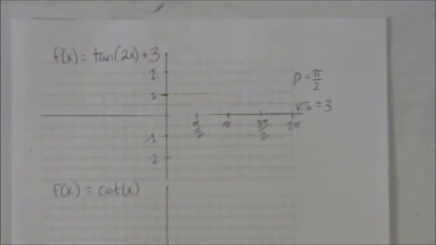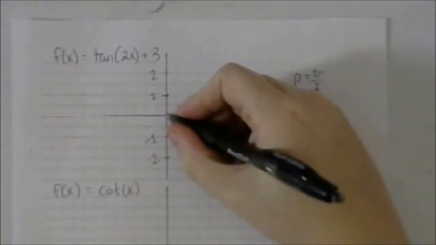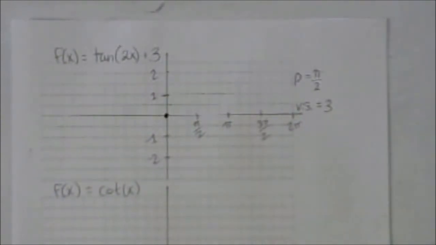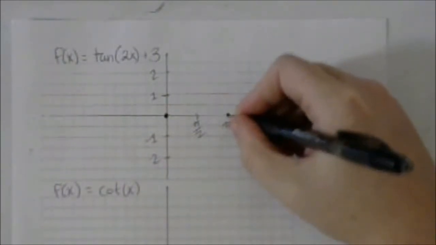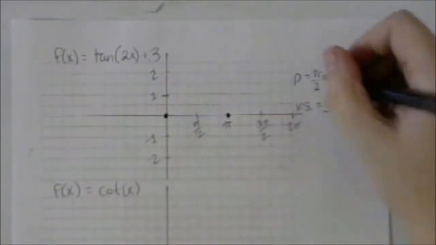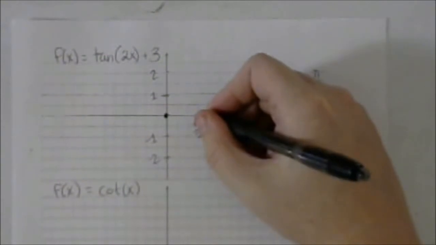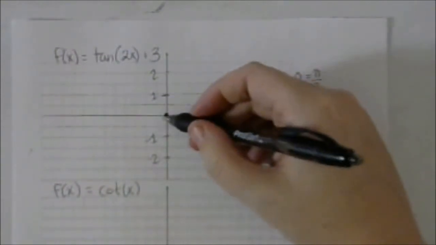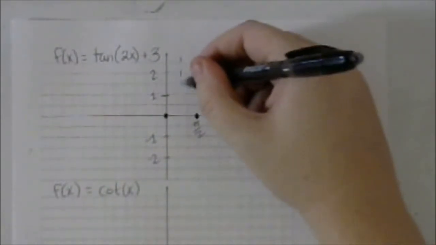The standard tangent graph starts at 0 and ends at its period, which is pi. But this tangent has a period of pi/2. So instead of ending at pi, we're going to end at pi/2. Halfway in between its starting point and its ending point, the tangent has an asymptote.